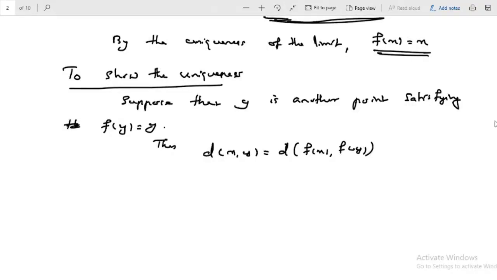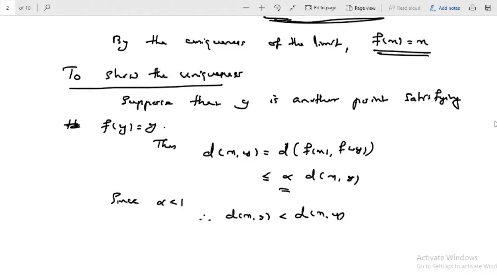Okay. And since f is contractive, it is less than or equal to alpha into d of x,y. Okay. But alpha is less than 1. Therefore, d of x,y is strictly less than d of x,y.